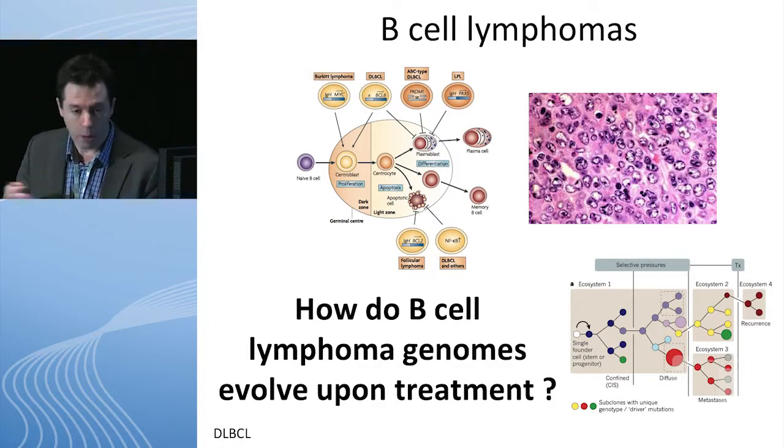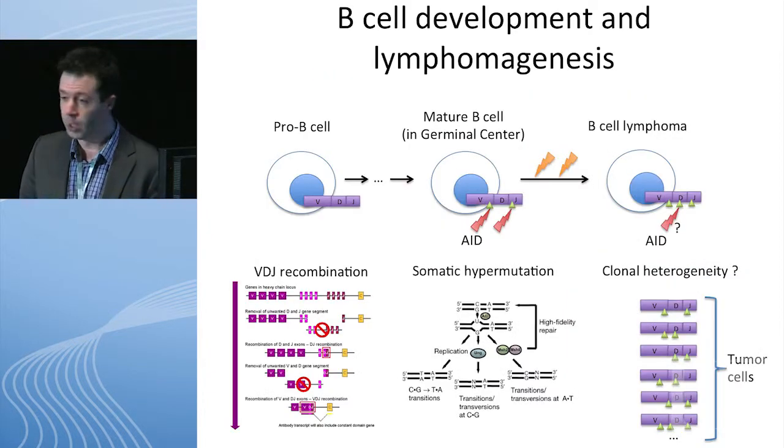And so the topic of this lecture is to try to understand how B-cell lymphomas evolve upon treatment. So as you all know, B-cell lymphomas are coming from B-cells, and B-cells are very special in the sense that early on in the process of B-cell development, B-cells undergo a process called VDJ recombination.